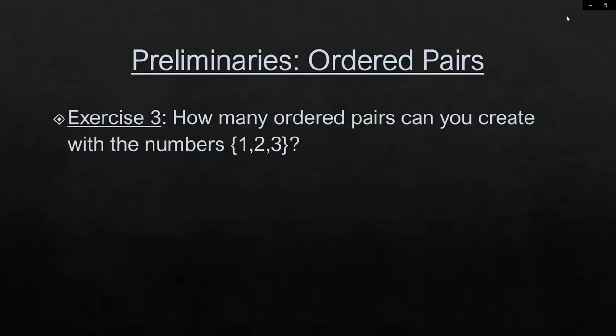Anybody? You can type them in the chat box if you want. For example, a possible pair that I could make here would be 1, 2. Can you tell me a few more?